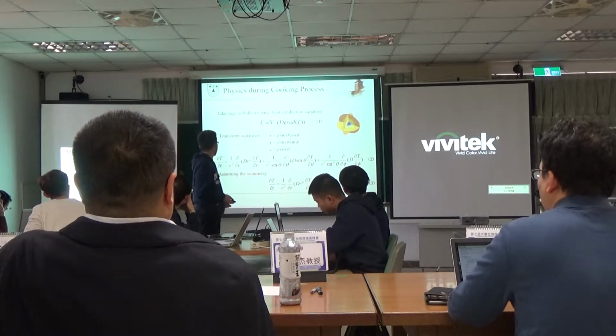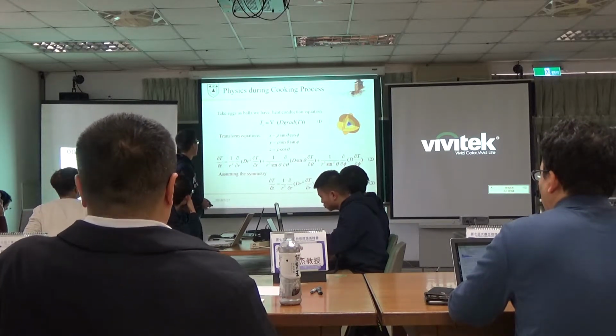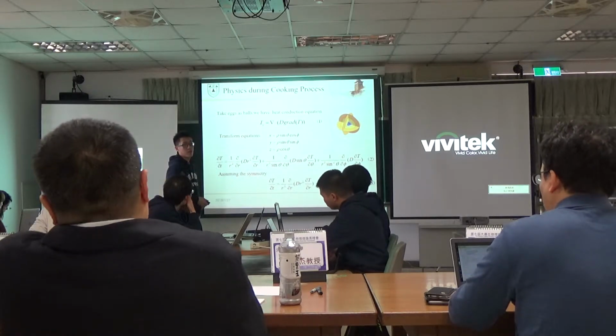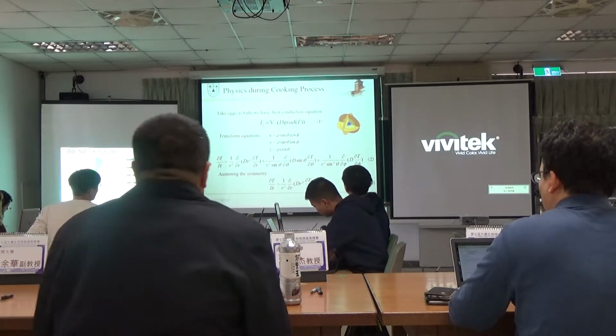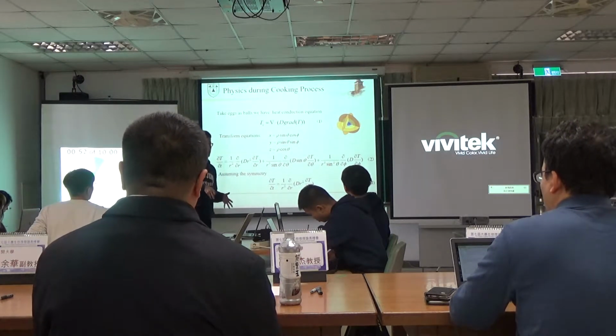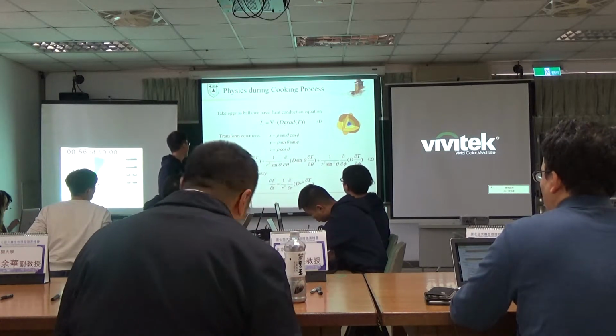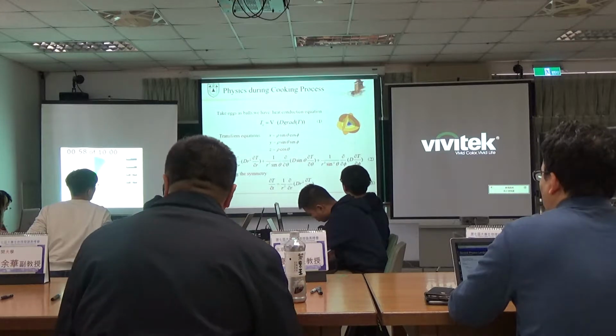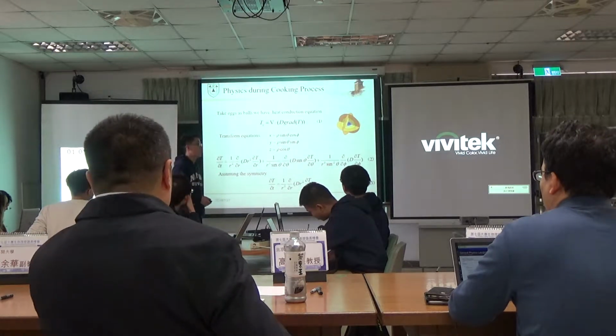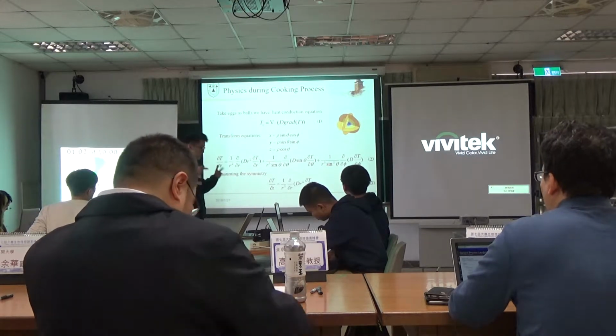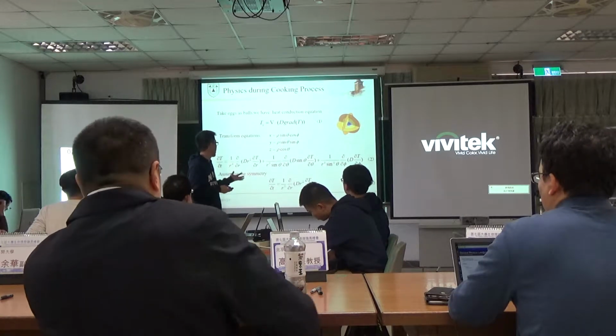As for this, we can take eggs as balls, and we have the heat conduction equation. That is Formula 1. And in spherical coordinates, we can have the transform equations, like above, and we can transform Formula 1 to Formula 2. And if we take the symmetry into consideration, we can have Formula 3.